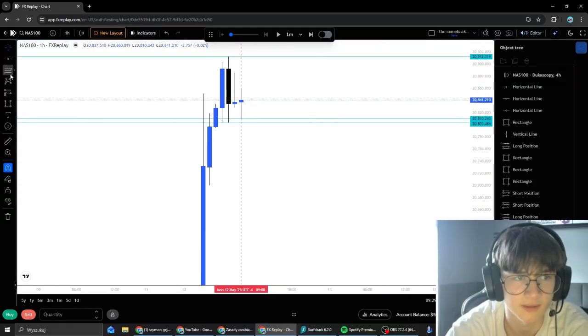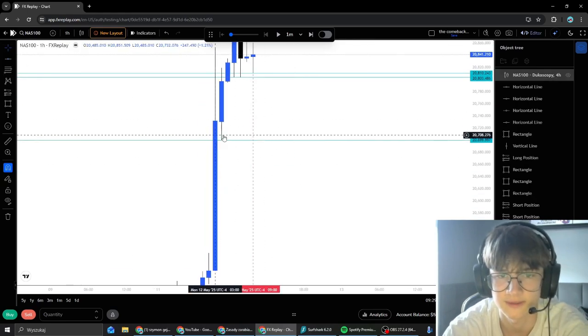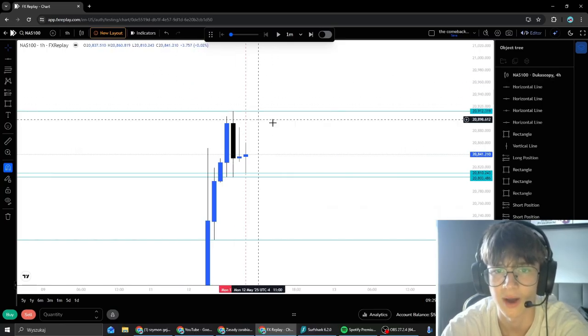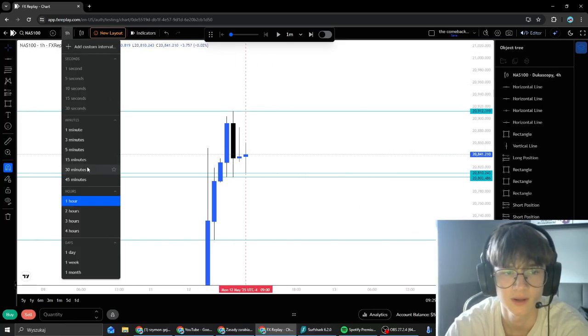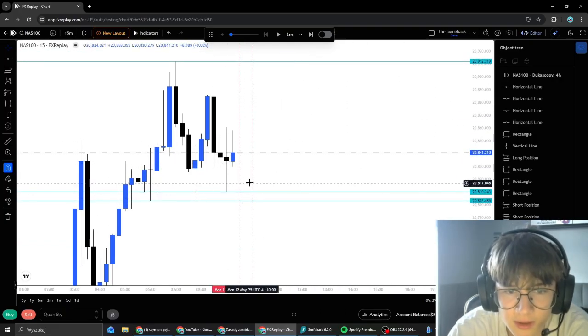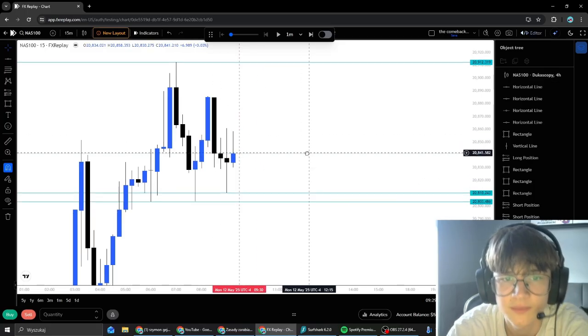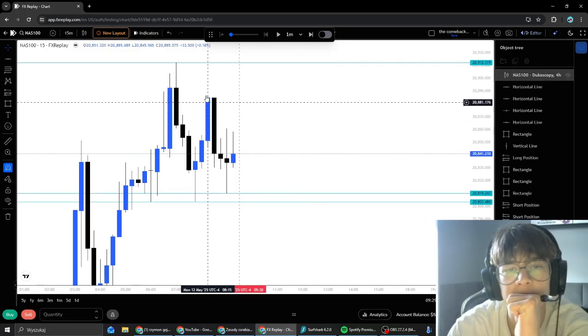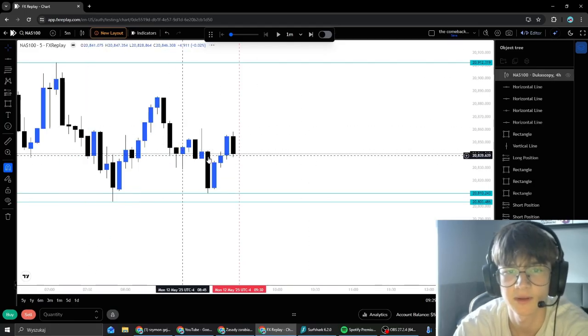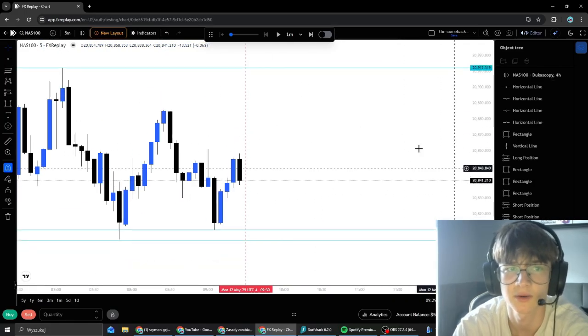We could maybe tap this FVG and go back up, or go up at the start and look for a retracement entry. We broke this FVG, nothing happened. On the 5 minute, I don't know if there's anything more.